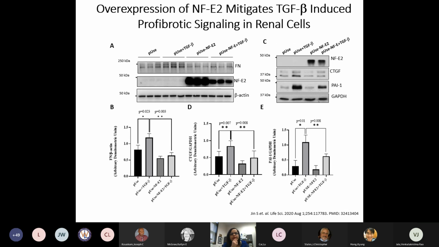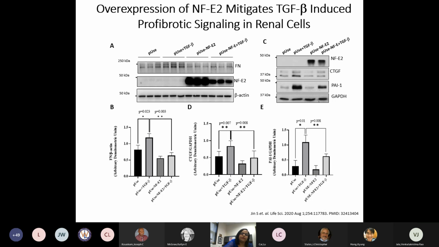Next, we wanted to examine the effects of overexpressing NFE2 on profibrotic signaling in HK11 cells. The HK11 cells were transfected with either the vector alone or with NFE2 constructs for 24 hours, and then they were treated with TGF-beta for an additional 24 hours.